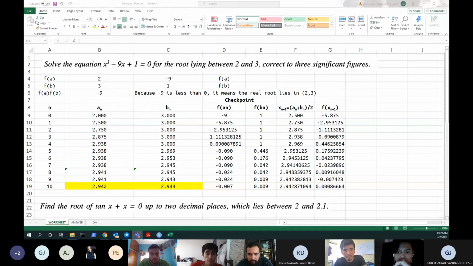Profe, yo tengo una duda, pero es sobre Excel. ¿Cómo representa el exponente en Excel? I'm sorry, I didn't hear you. You got a lot of noise. Could you repeat please the question? Que en Excel, ¿cómo represento el exponente? Yeah, that's all right.